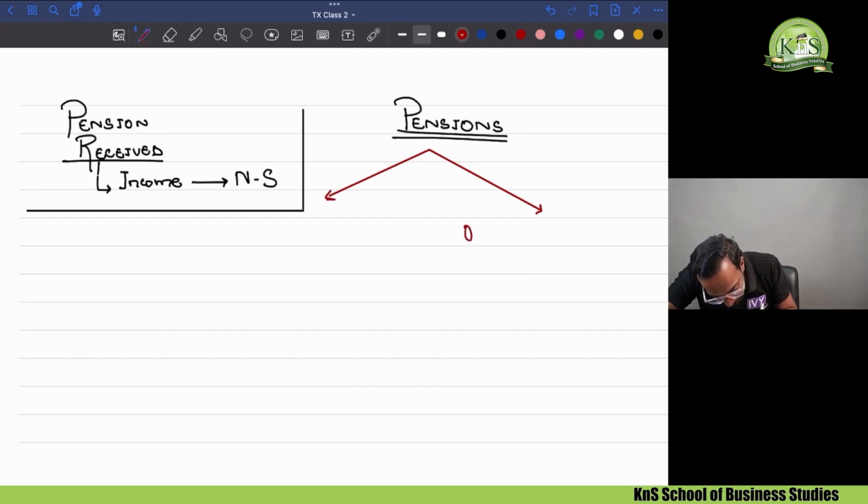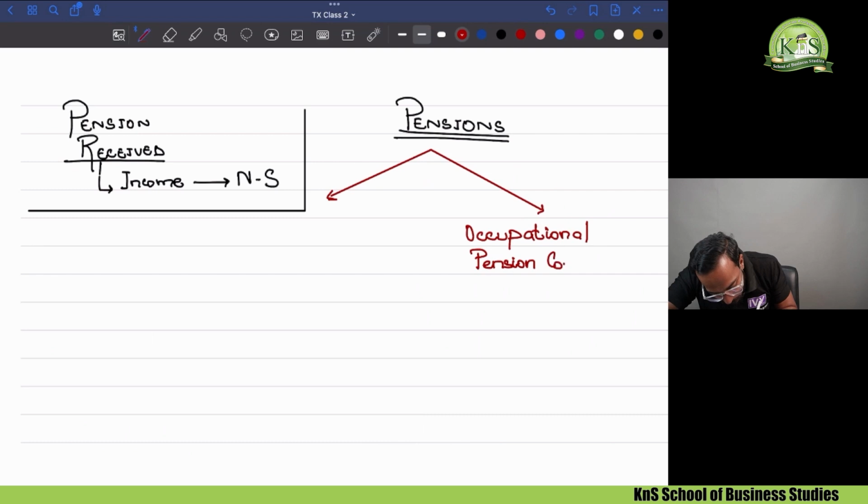First is occupational pension contribution. The short form is OPC. I will use this short form.